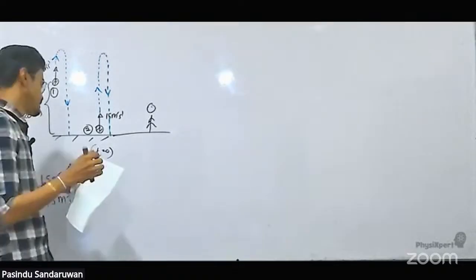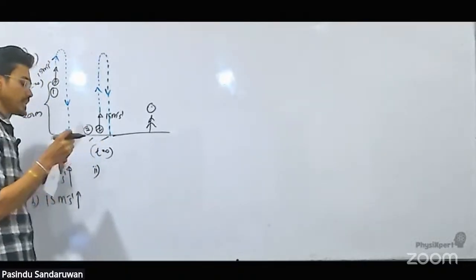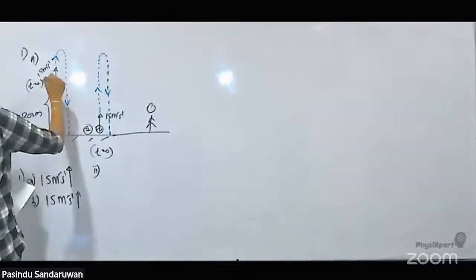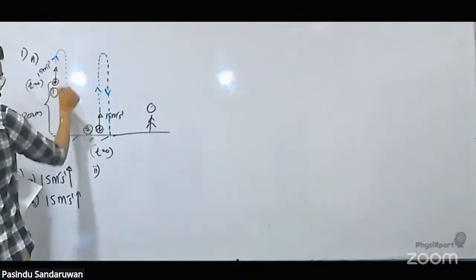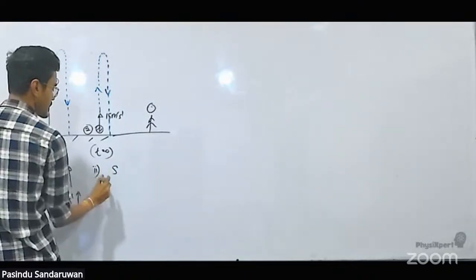Part 2. What is the time taken by the first stone to reach the ground? From the starting point to the end point, I'm going to use s equals ut plus half a t squared, downwards.